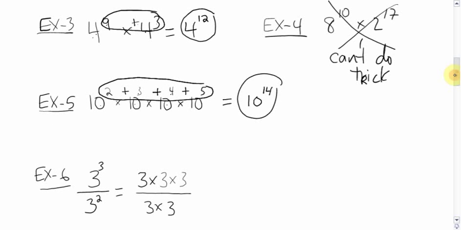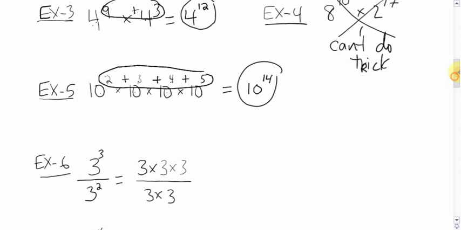What about when you're dividing? Well, take a look at example 6. 3 to the power 3 divided by 3 to the power 2. If you do this the long way, you get 3 times 3 times 3 times 3 divided by 3 times 3. So that is the same as that.